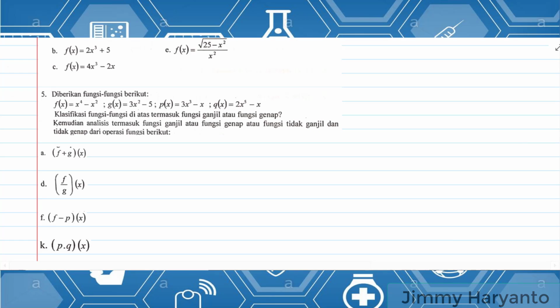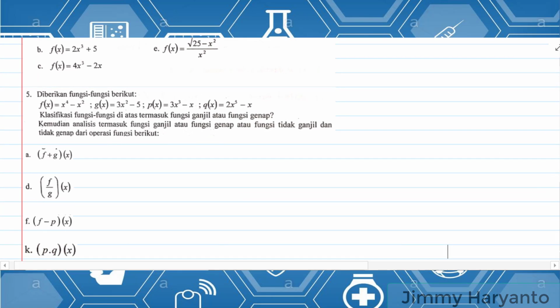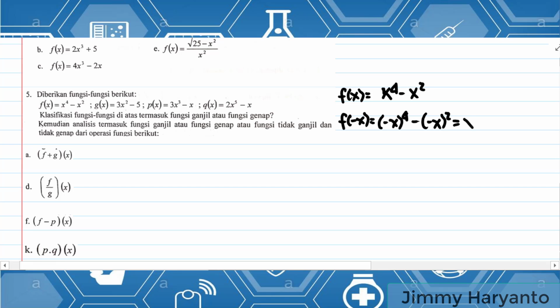Next is number 5. For number 5, we have to determine whether f(x), g(x), p(x), and q(x) are odd functions or not, even functions or not. We will start from f(x). f(x) equals x to the power of 4 minus x squared. The first one is f(negative x) equals negative x to the power of 4 minus negative x squared. The result will be x to the power of 4 minus x squared.